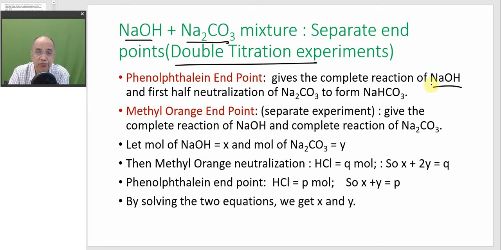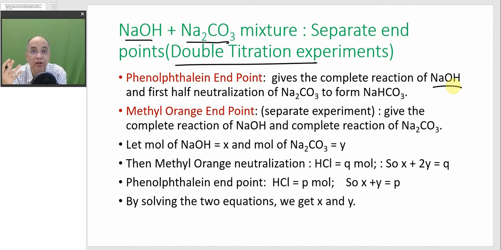So these two. But if you do a separate experiment, double titration with methyl orange, then that gives the complete reaction of NaOH as usual. Whichever indicator you take, it will indicate the complete neutralization of NaOH. Many things we are not supposed to know now, and I am not going to confuse you by loading some concepts which will require a long time to convince you.